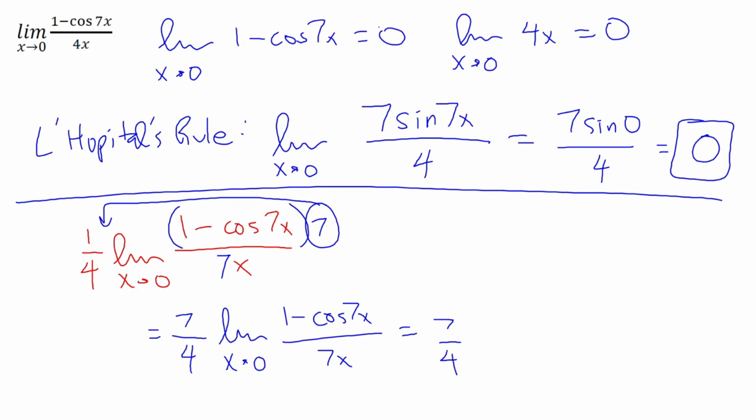Well, since we know that the limit as x approaches 0 of 1 minus cosine 7x over 7x is 0, we just have 7/4 times 0, which is 0. So either way is fine.